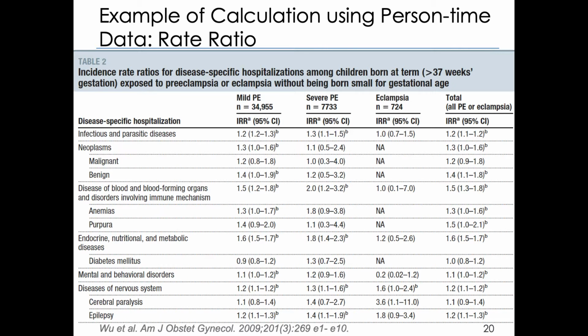So the exposure categories are in the columns: mild preeclampsia, severe preeclampsia, and eclampsia, and then at the right a total of all preeclampsia or eclampsia. And so they're showing IRR, or incident rate ratios, of hospitalizations for a whole variety of different conditions among those children, and according to the presence of eclampsia in pregnancy.